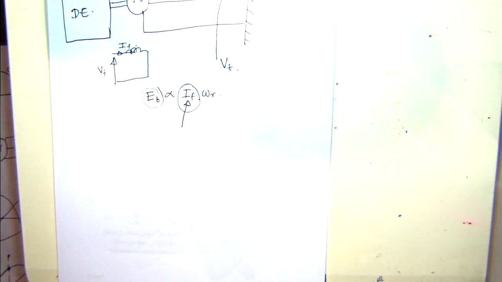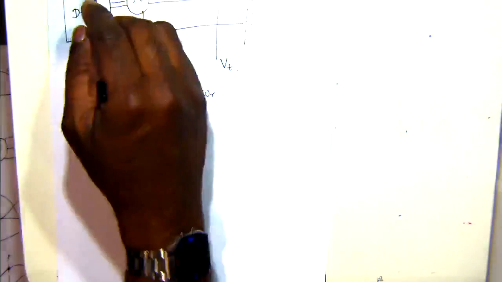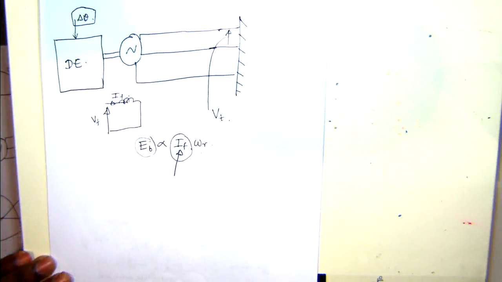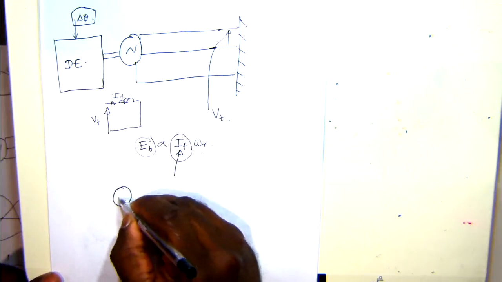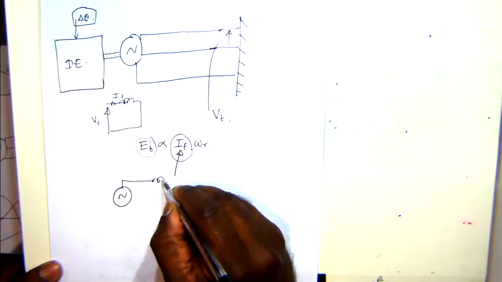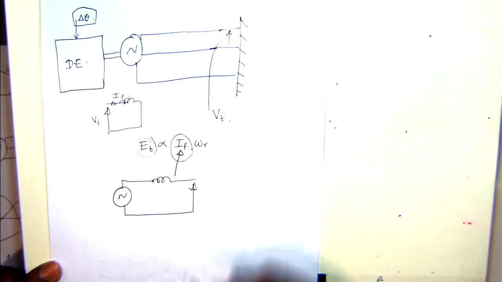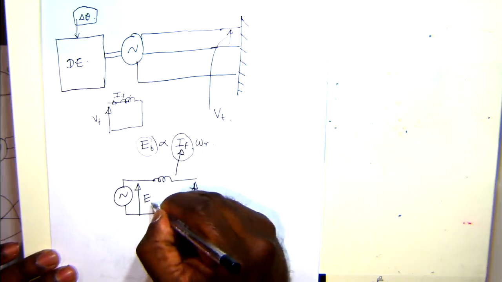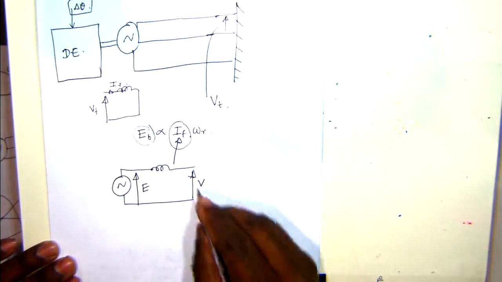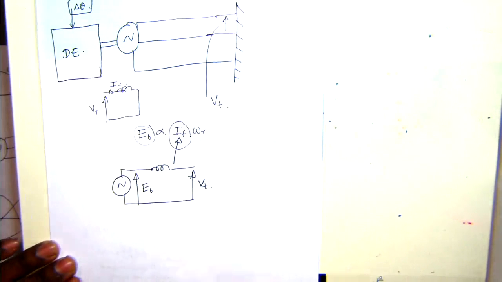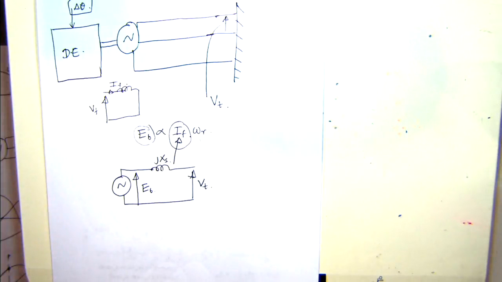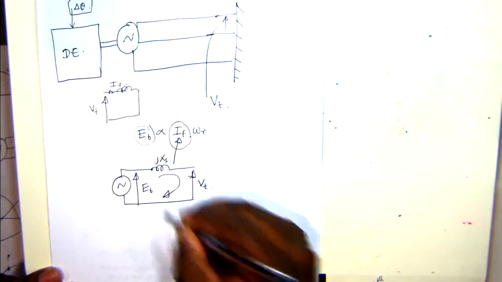We are interested to know how, when we change these two parameters, how much power is going to be transferred to the grid. If we have a look at the equivalent circuit, you'll have the excitation voltage, the synchronous reactance, and then the terminal voltage. That's the per phase equivalent circuit. You can write Kirchhoff's voltage law to this loop.